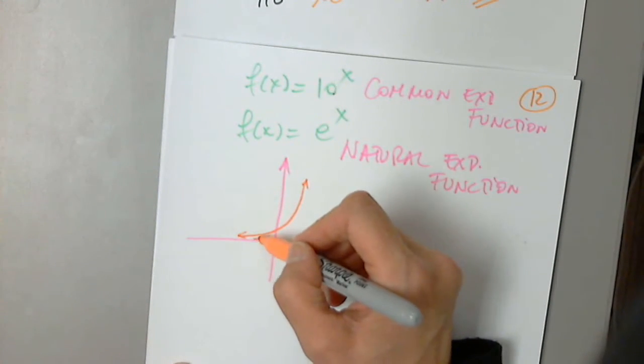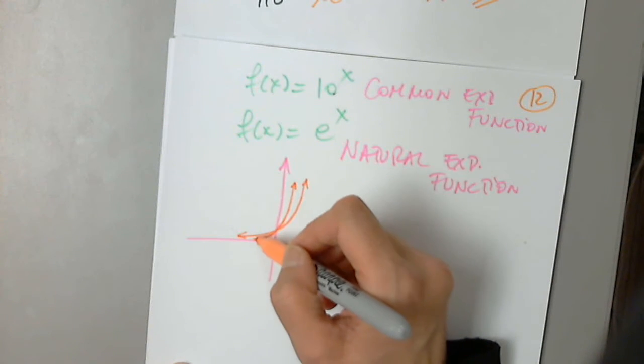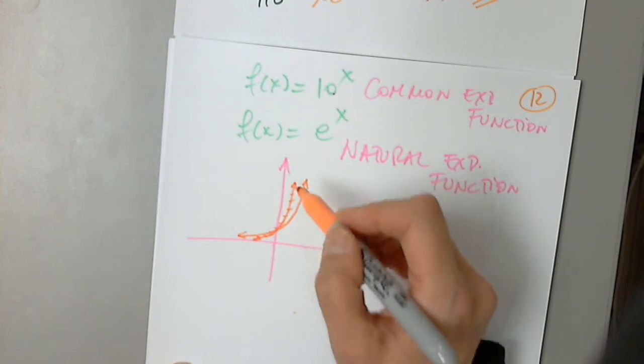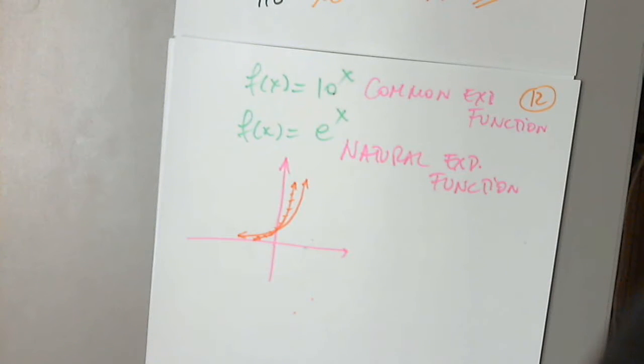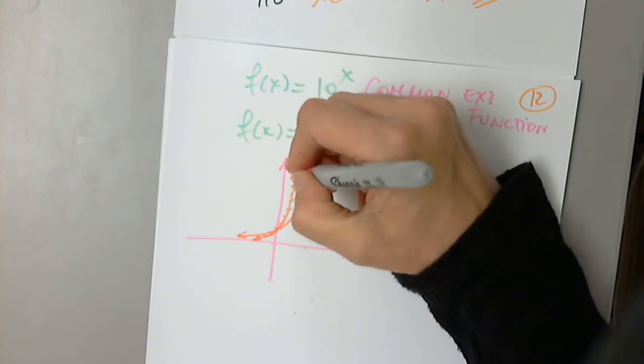But the question is, which of these two will be closer? Careful. If I raise 2 to x or I raise 10 to x, which one would be bigger? Of course. So 10 to the x will be closer.